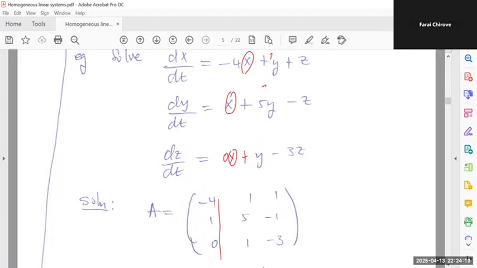All terms associated with y are also going to be put in the second column. And all terms associated with z are also going to be put under the third column, sorry. So there we are. We have our coefficient matrix.